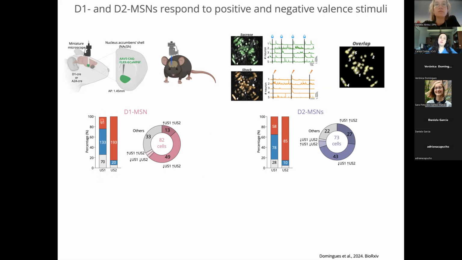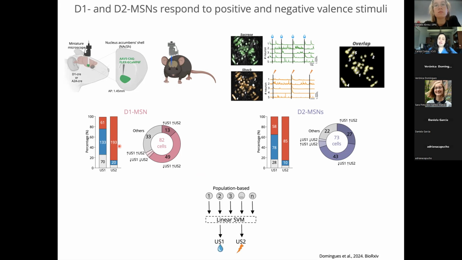And the proportion of excited, in red, or inhibited, in blue, neurons, D1 and D2, is very similar in response to both US1 and US2. However, as you can appreciate, in response to sucrose, most of the neurons in the accumbens respond with inhibitions, while in response to foot shock, most of the neurons respond with excitations.